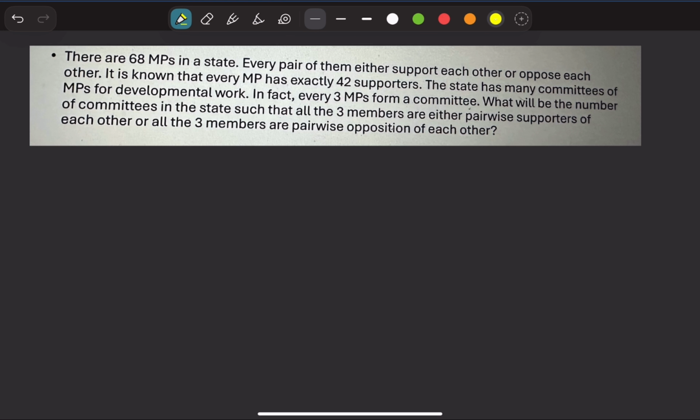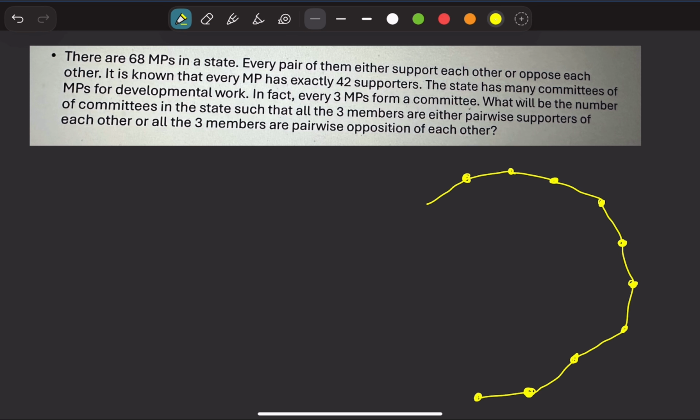Let us say you have a 68-sided polygon. Let us say you have a big 68-sided polygon, something like this. This polygon has got 68 sides.